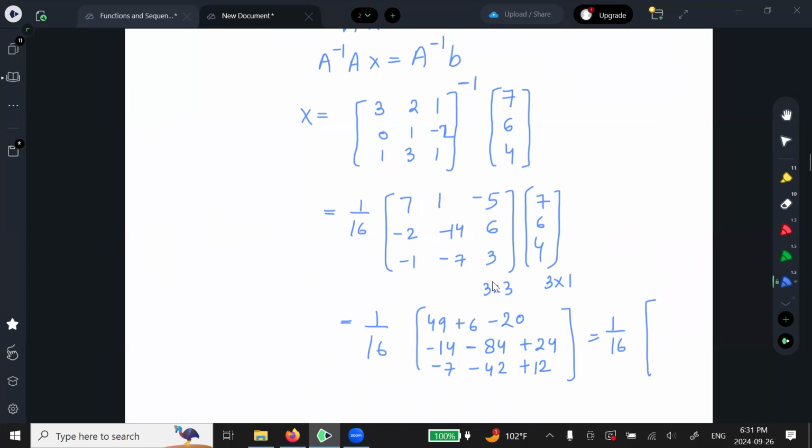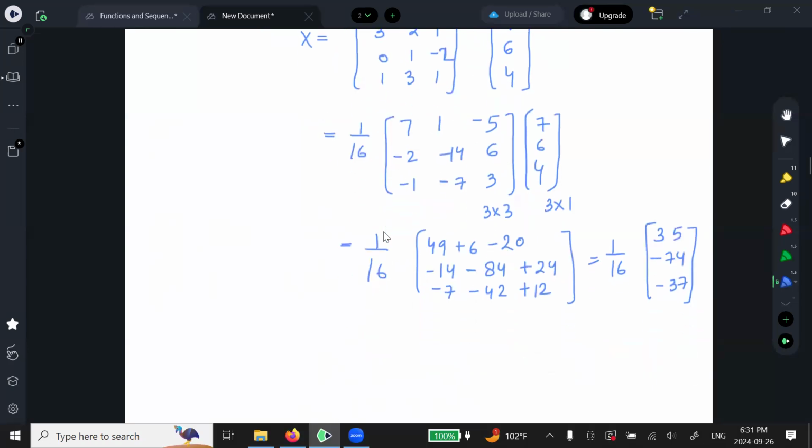Where do you see 36? Find a mistake. 29 plus 6 will be 35, and I get -98. Oh, well, I just get plus 10, get -74. So I get -30, -37. Math could be wrong, but you get the idea of it, right?